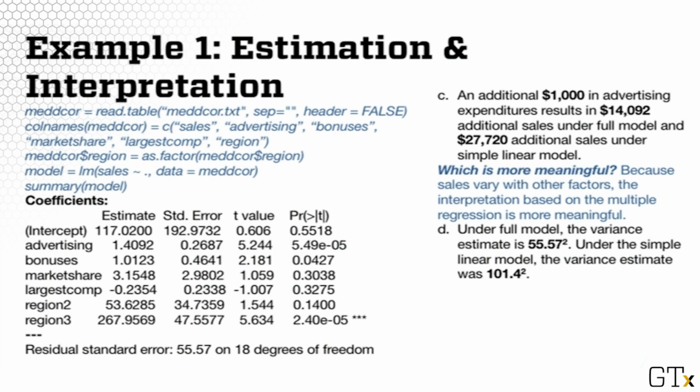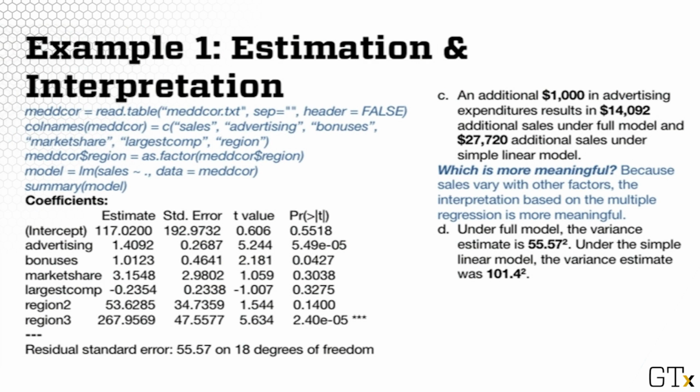Under the full model, the estimated variance is 55.57, and this value we can get from the output. This is the squared residual standard error. Under the simple linear model, the variance estimate was 101.4.